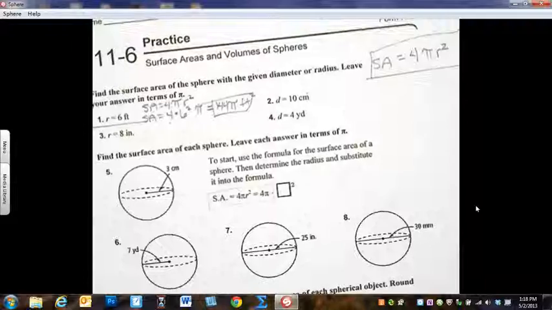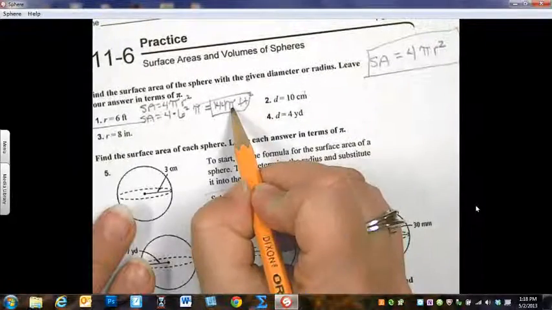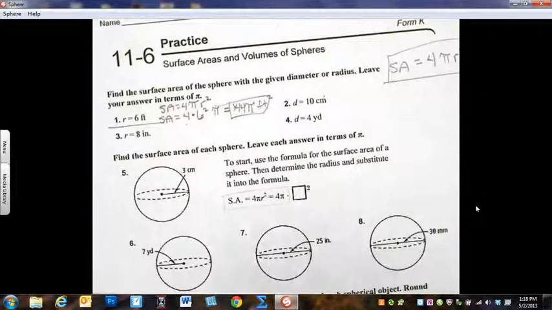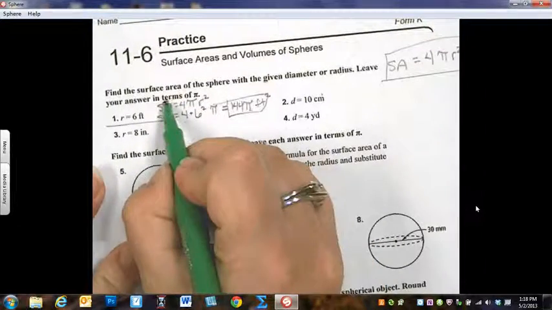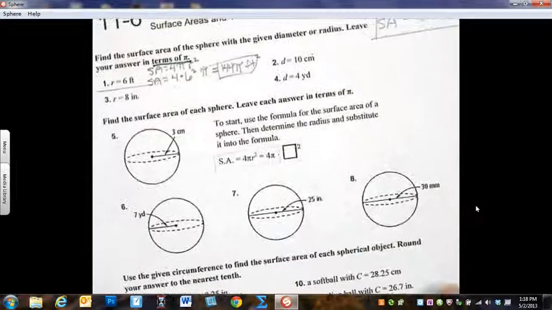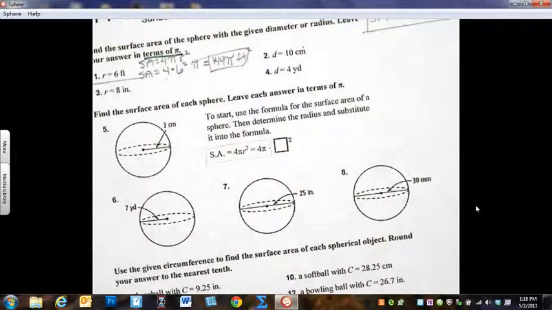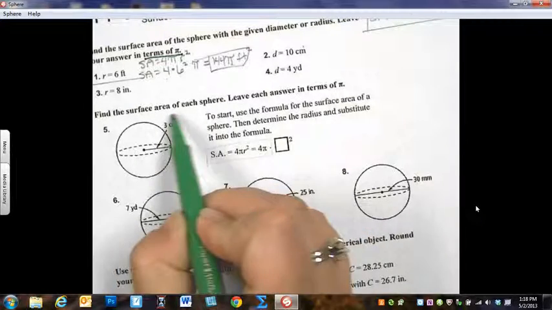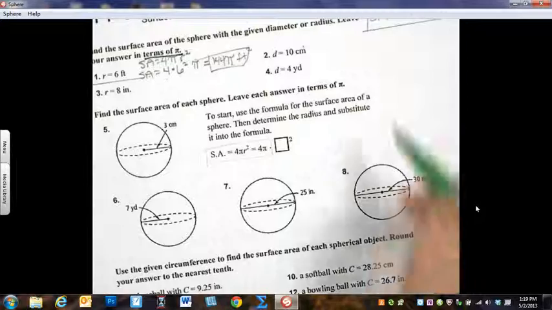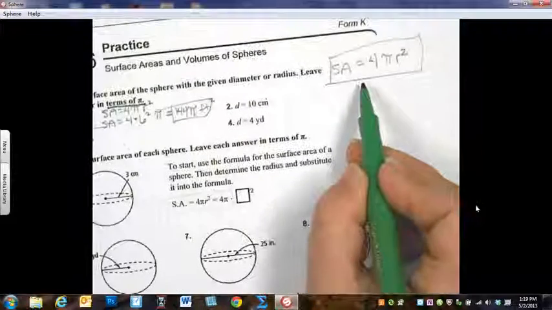Hopefully that wasn't too confusing. Now don't forget your pi is part of the answer, and notice up here they want it left in terms of pi. So that's important to keep in mind. Down here it's the same thing. They want us to find the surface area of each sphere. They are giving me the radius again. So all I'm going to do is go back up, think about your equation.